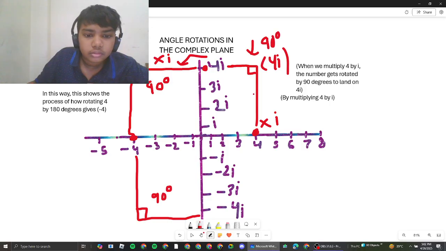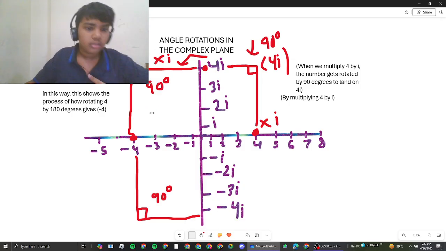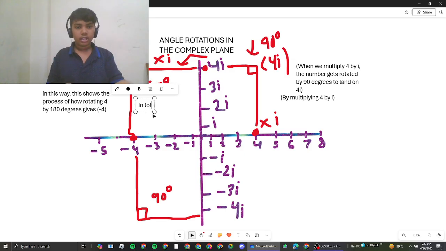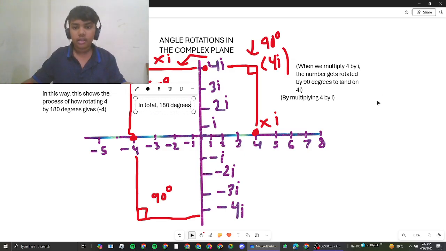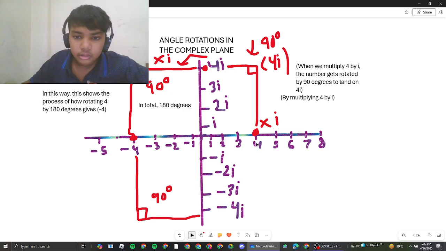So in total, I'm writing this for this part. When you convert 4 to -4, it becomes 180 degrees, because if you multiply this by i, this is 90, and here again 90 degrees. When we add it, we get 180.